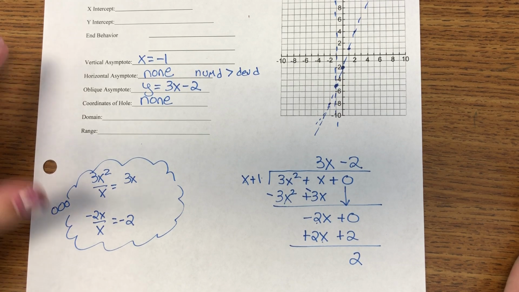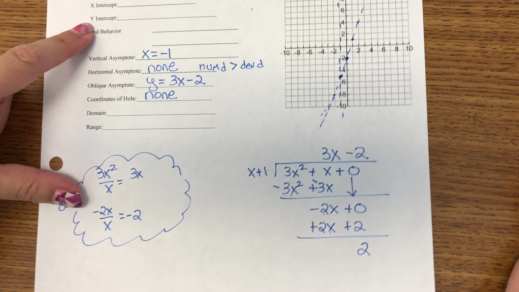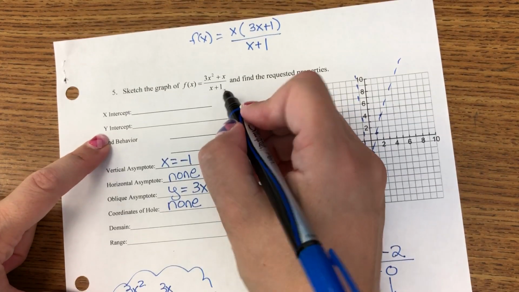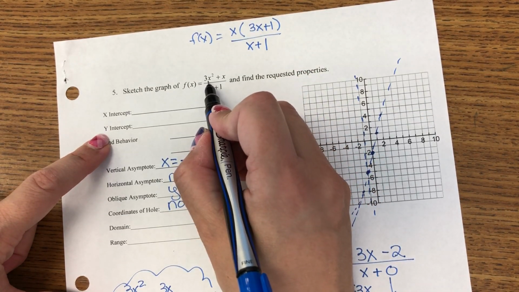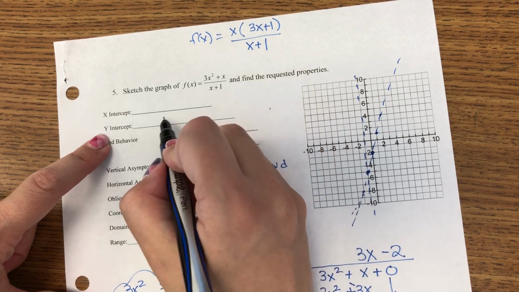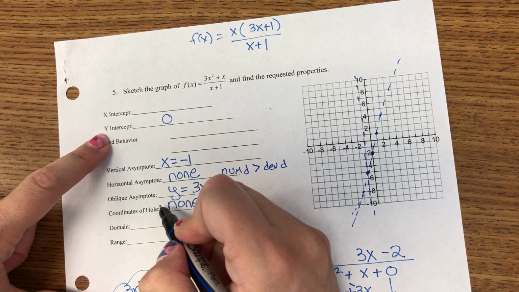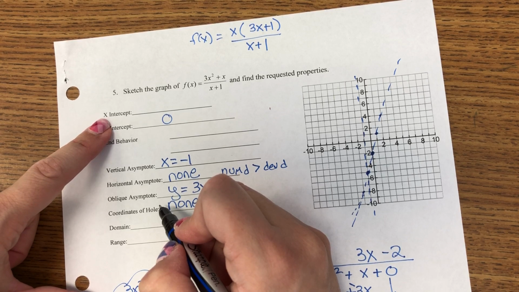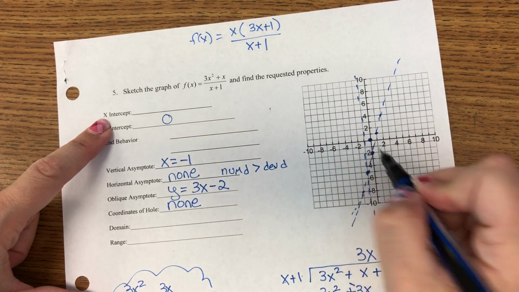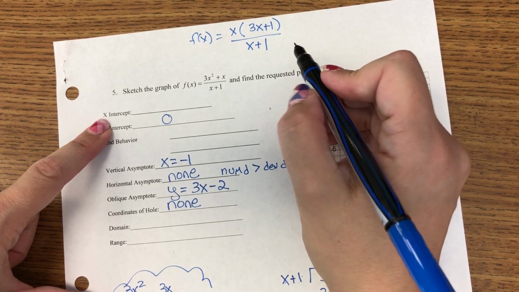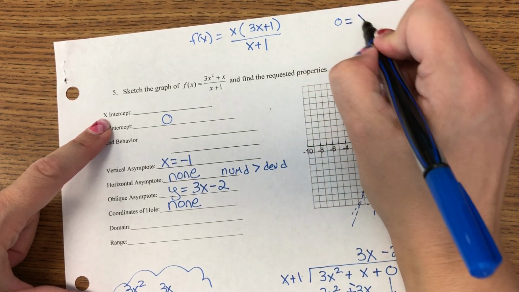What should we do next? Let's do y-intercept. That's when x is 0. So we're gonna get 0 plus 0 divided by 1. That's 0. For the x-intercept, we're gonna get 0 equal to the equation.